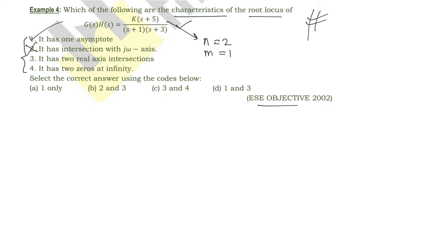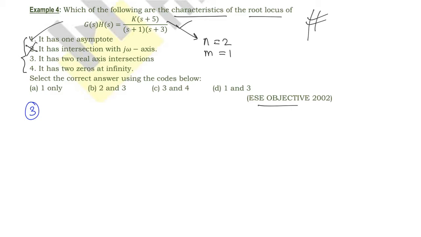Now the third statement says that it has two real axis intersections. So what is meant by the intersections? Real axis intersections. Let us say there is a breakaway point on the real axis. What will happen at the breakaway point? The root locus will leave the real axis. That means it is intersecting the root locus.